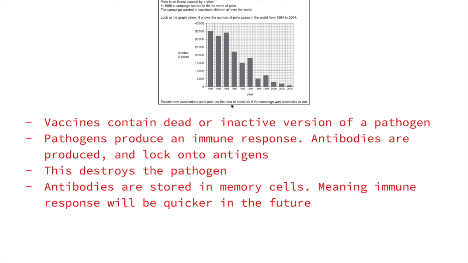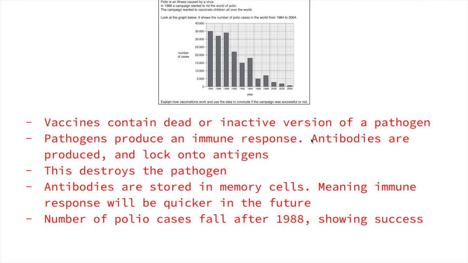And then this last bit, use the data to conclude if the campaign was successful or not. And with these 6-mark questions, it's important to make sure you are remembering the whole question when you answer it. So look at your chart here, and pretty much anything you can say will get you some marks. Generally speaking, the numbers go down. So we can say that it's successful. The number of cases falls after 1988.